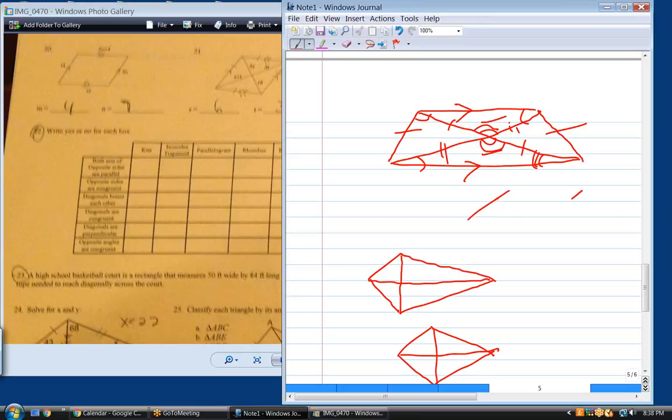Again, draw it very exaggerated. Those diagonals equal? No. No. And I can only tell it by drawing it very, very slanted. Rhombus. Yes.